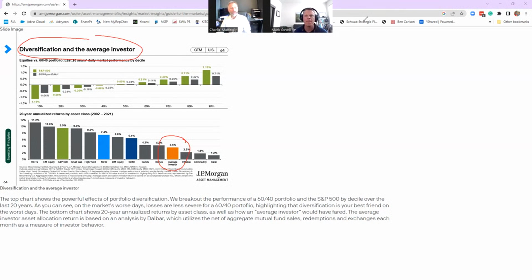And 2002 to 2021, they updated every year. So this is terrible, and this is applicable to the brokerage link. So you got to be careful, because sometimes we leave something in this area over here. And even a 60-40 portfolio, look at that, has done almost twice, or maybe it is twice as good as the average investor. Now, go ahead, Mark.